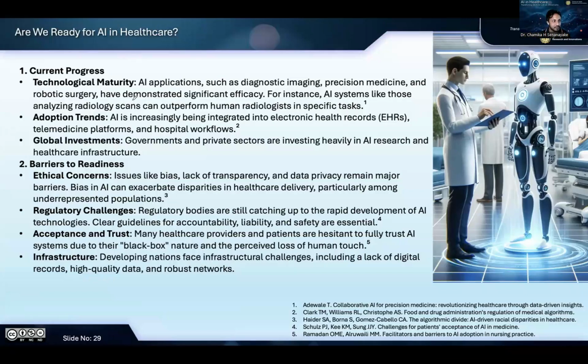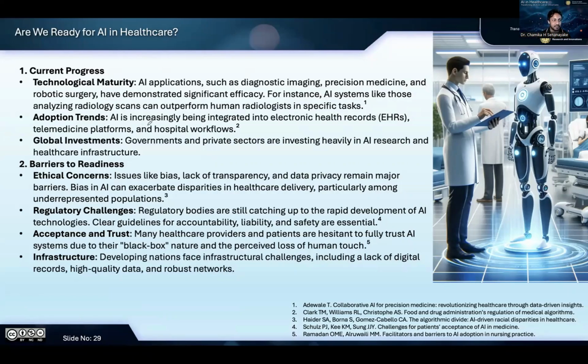Currently, when it comes to technological maturity, AI applications such as diagnostic imaging, precision medicine, and robotic surgeries have demonstrated significant efficacy. For example, AI systems analyzing radiology scans can outperform human radiologists in specific tasks according to research evidence.